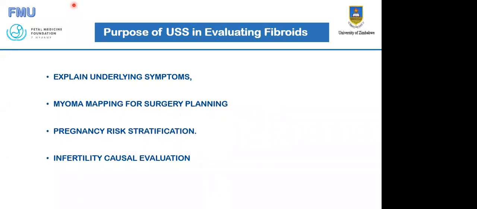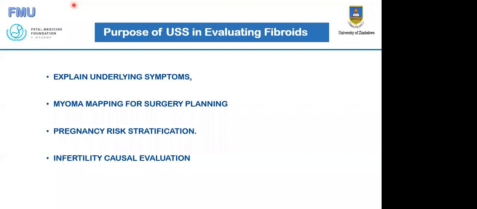Right. So I was saying myoma mapping. I'll explain in detail what myoma mapping is later on. But I'm saying when somebody wants to go for surgery, the ultrasound scanner should make an effort to explain where exactly the fibroid is, because the approach to surgery is different.